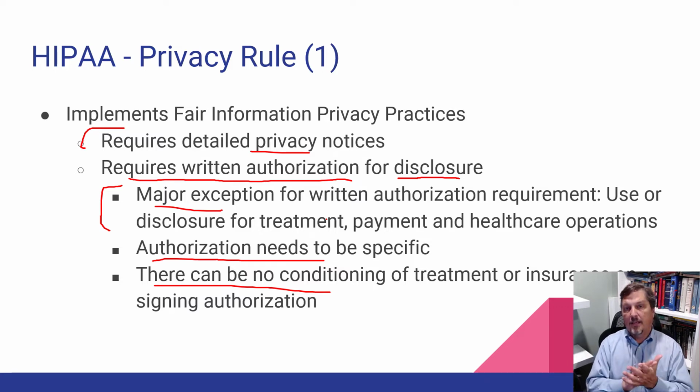So the form you get that notifies you of your HIPAA rights is going to tell you that the provider, your doctor, your hospital, can use PHI internally in order to provide you with treatment. And if you think about it, that makes sense. You wouldn't want the possibility of actually gumming up the patient's treatment by having to get a signed authorization every time the doctor looks at your chart. So we're talking really here about disclosures to others.